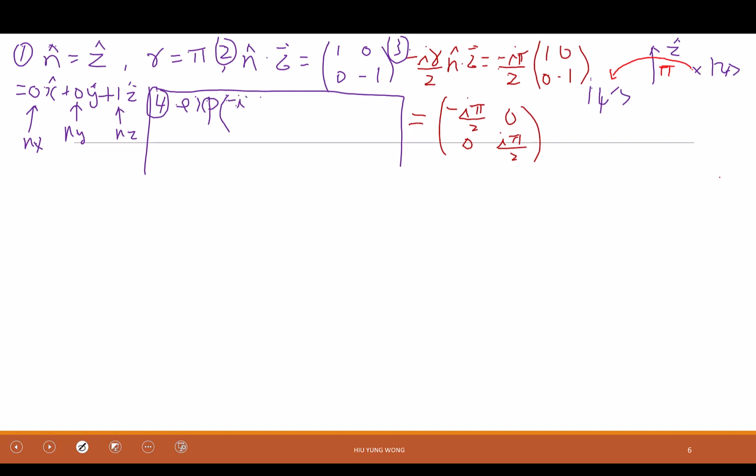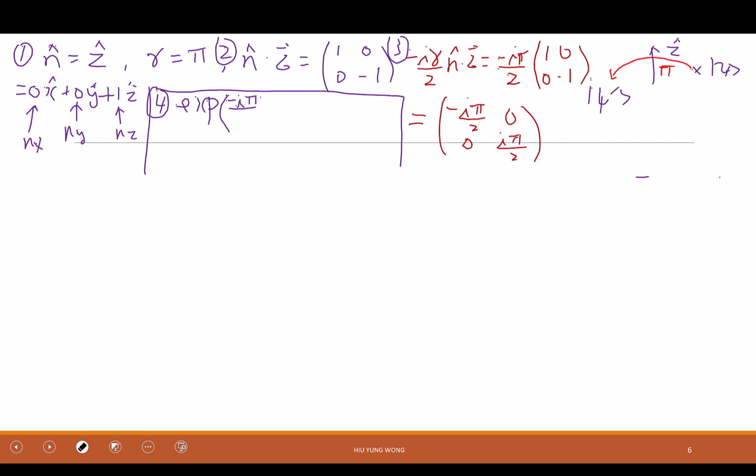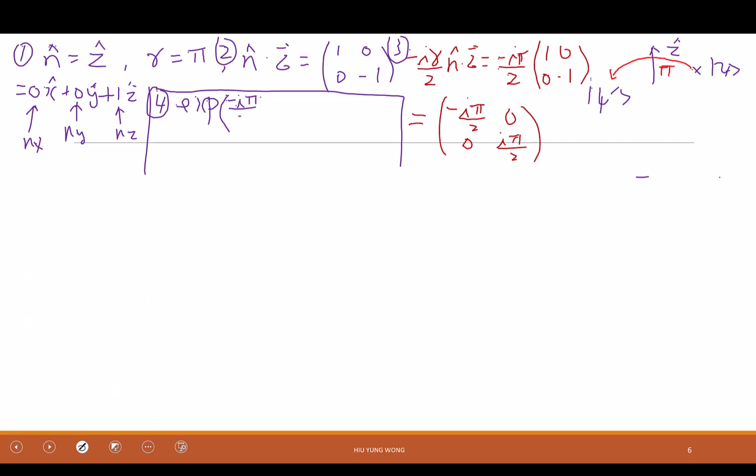Negative I pi divided by 2, 0, 0, I pi divided by 2.